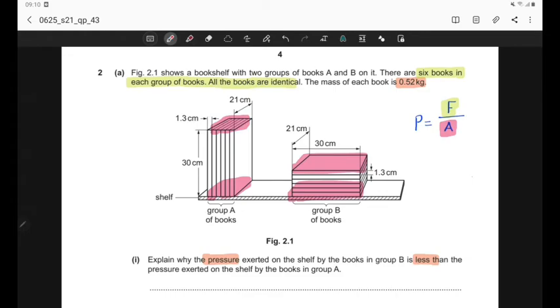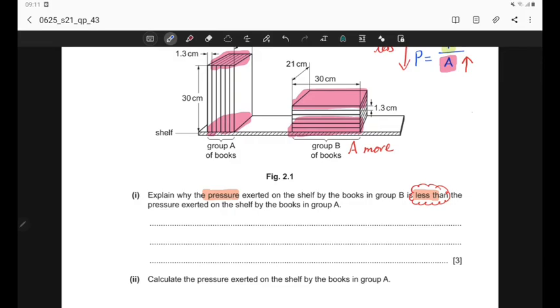So for group B of books, the area is more. As the area is more, the value at the denominator is greater, so the pressure will be less. This is the reason the question mentions that the books in group B exert less pressure compared to the books in group A.